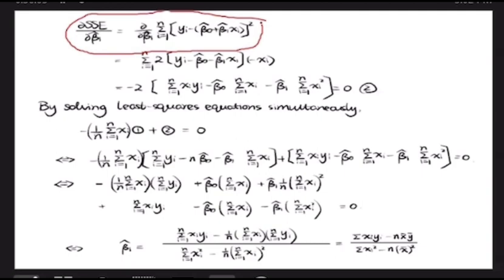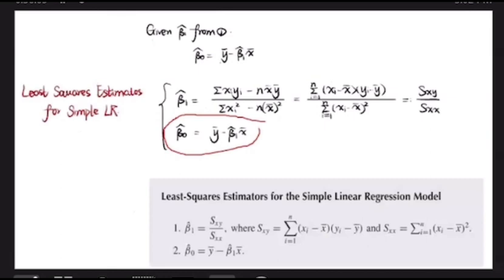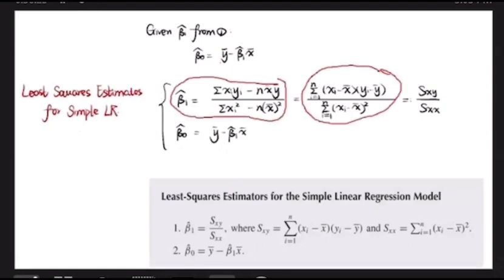So in the end, if you take a look at this now, okay, what are we telling the world? And let me tell you this before, we actually got for beta 1, this is the expression. We can also write it this way. And we can say the top one, the numerator, is covariance.